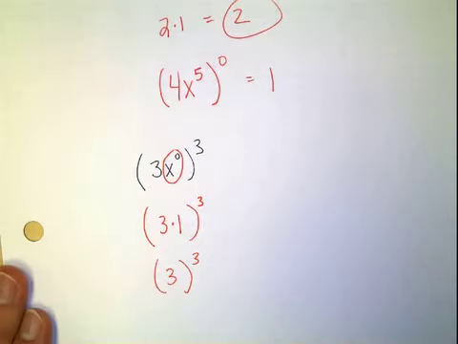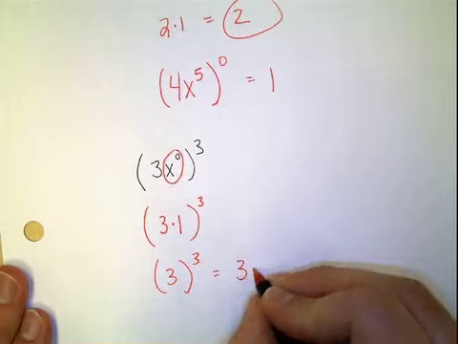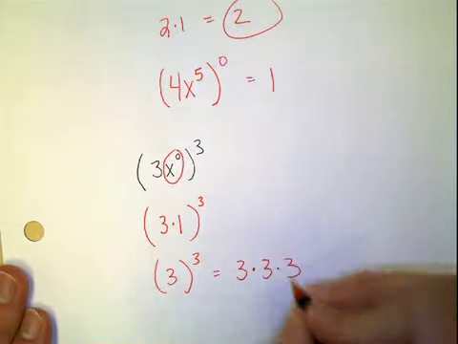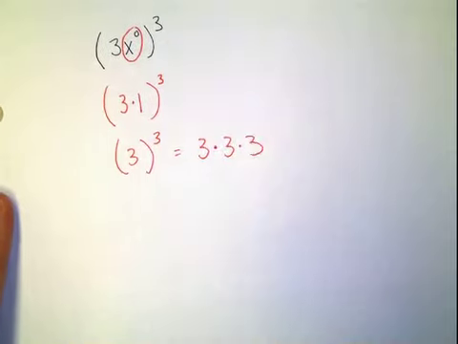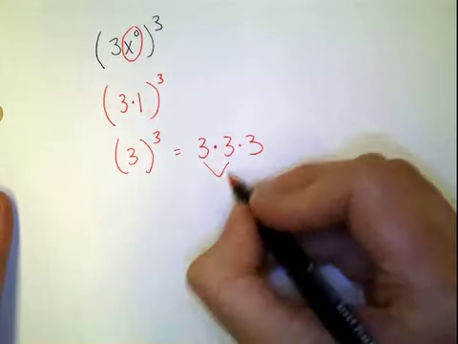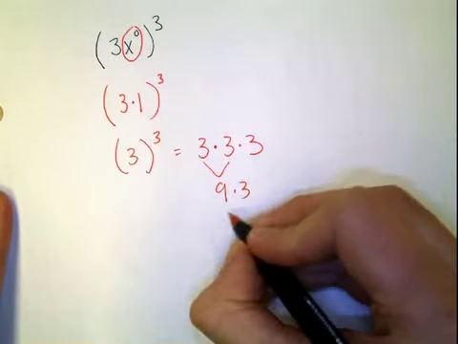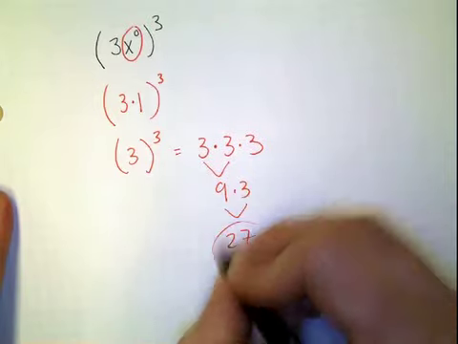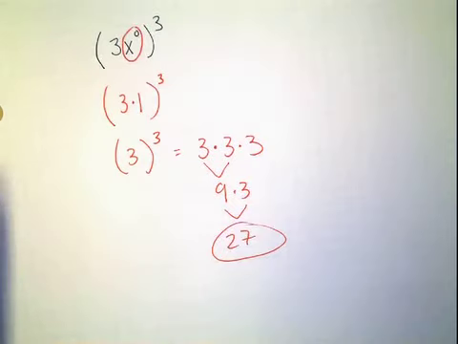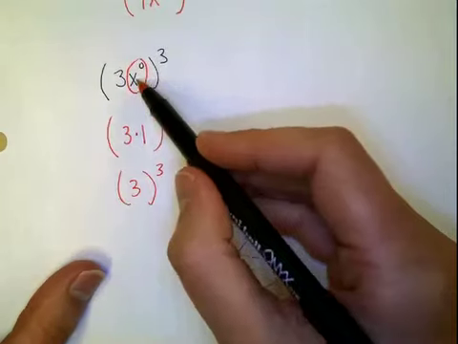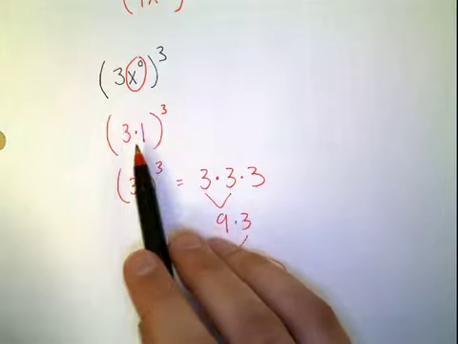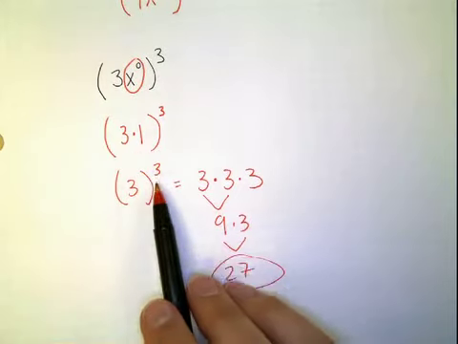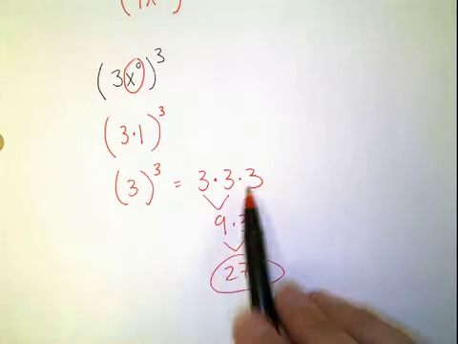So I have 3 to the 3rd power, which we all know is 3 times 3 times 3. And 3 times 3 times 3, you better not say is 9. 3 times 3 is 9, but times another 3 is 27. So the answer to this thing is 27. So you've got to be kind of careful. So with 0 powers, change it to a 1, and then know that x to the 0 is 1, and then use your power. 3 to the third is 3 times 3 times 3.